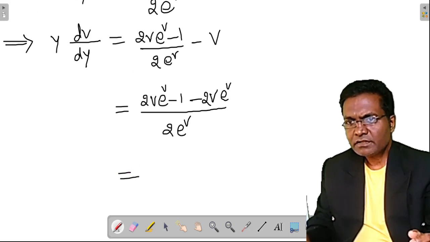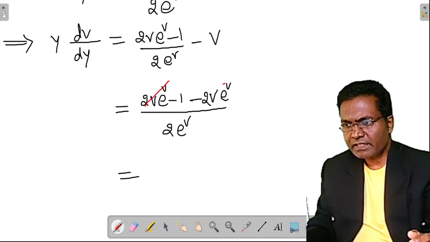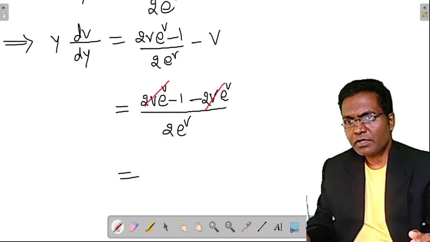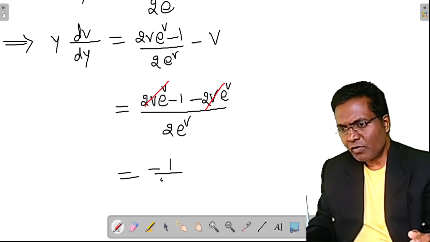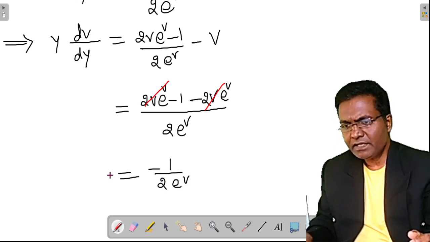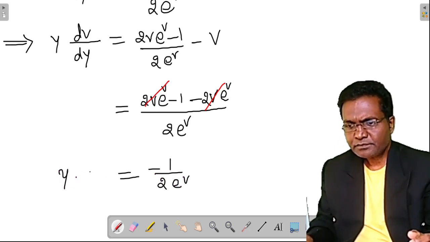Now look, these two terms cancel, and you are left with minus 1 by 2 e^v, and on this side y dv by dy.